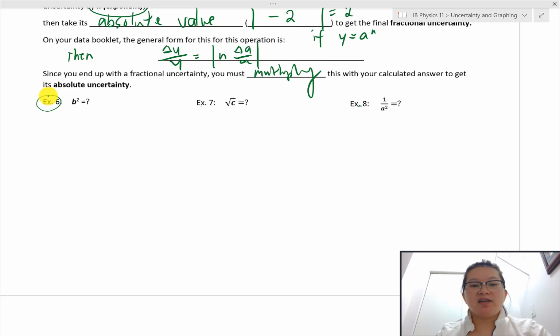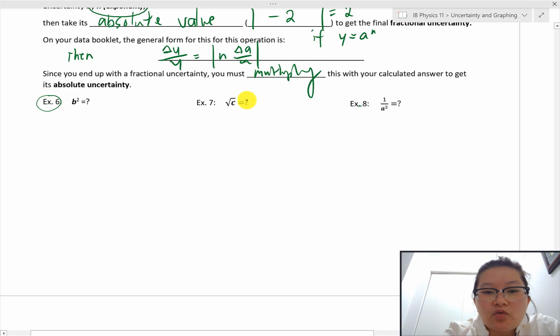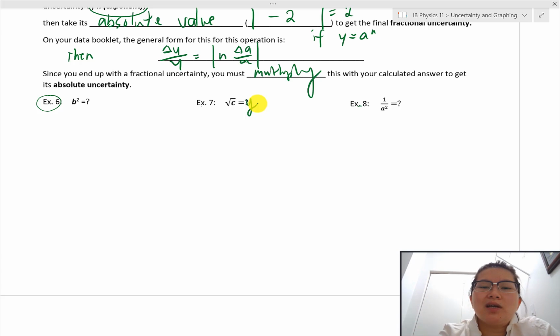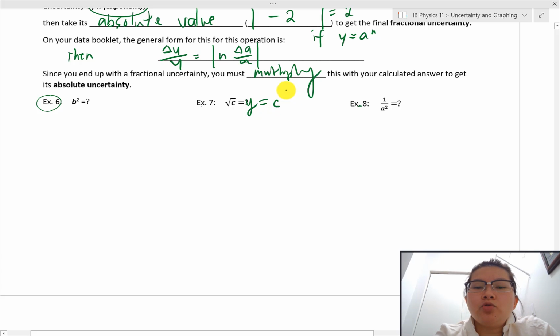Starting with example 7, we have the square root of c, and that's going to be equal to our y. If you're not sure what the exponent is when you're taking a square root, it is not 1, not 2, but a half.